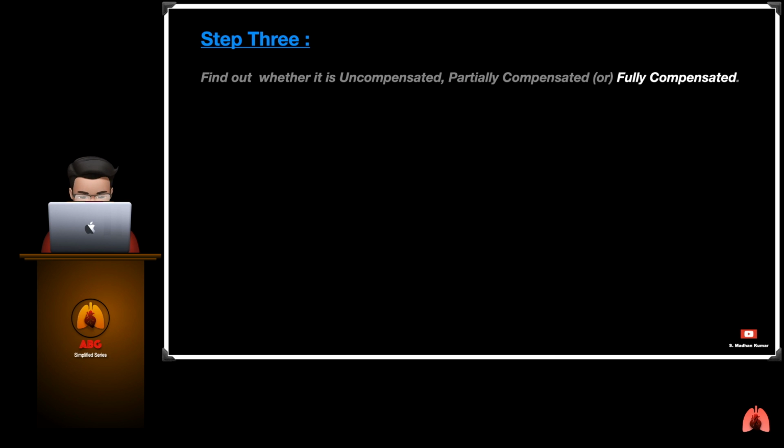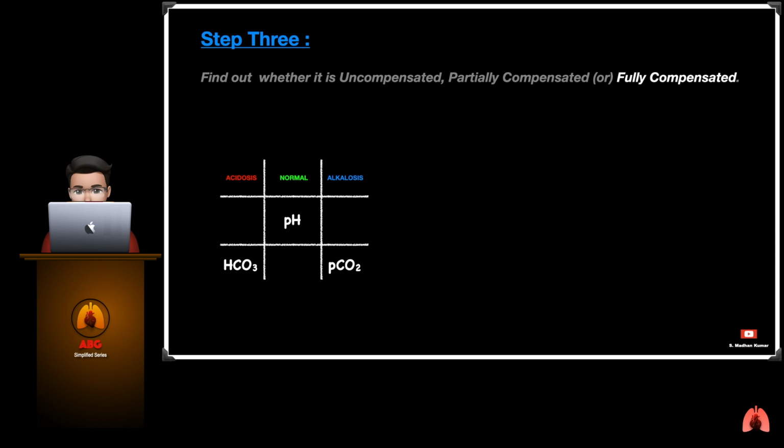The final step is to determine whether the values are fully compensated. If the pH is normal and the other values are abnormal, that is HCO3 and PCO2 are in alkalosis and acidosis column, it is called fully compensated.